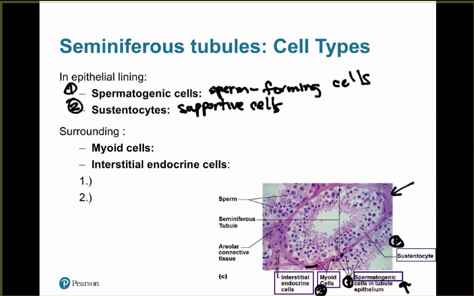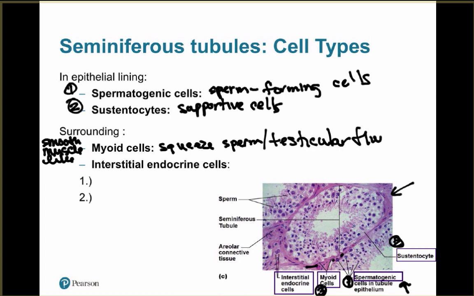These are basically smooth muscle-like cells, and they are thought to help squeeze sperm and testicular fluid out of the testes.